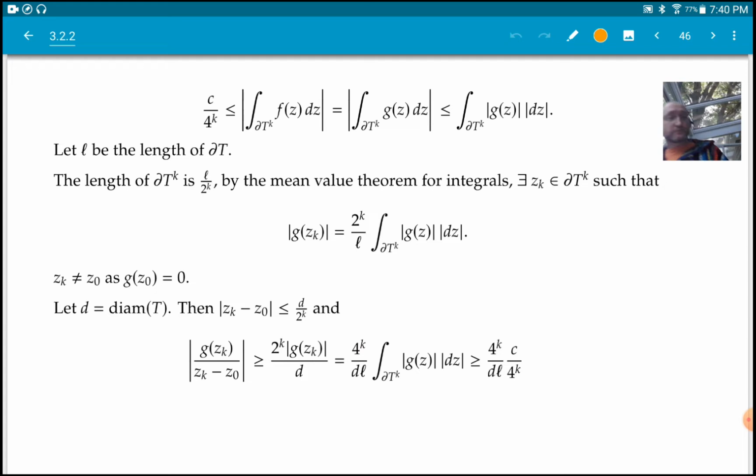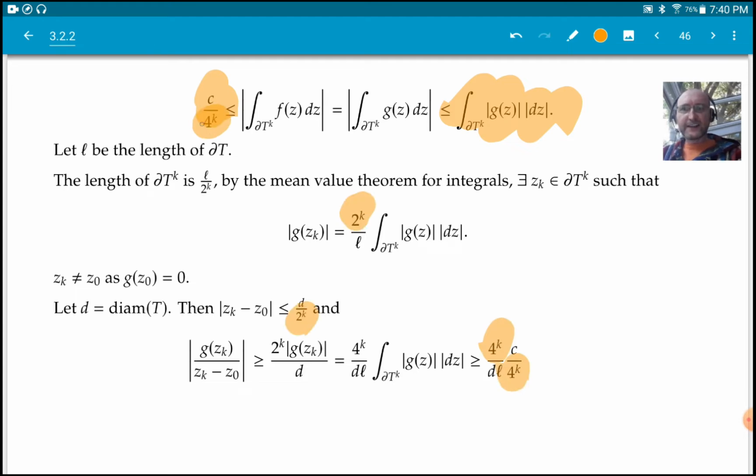And now we use this bound, that we know that it's c over 4^k. And the 4^k now, because it was this 2^k and this 2^k, and this 4^k, everything just canceled out nicely.